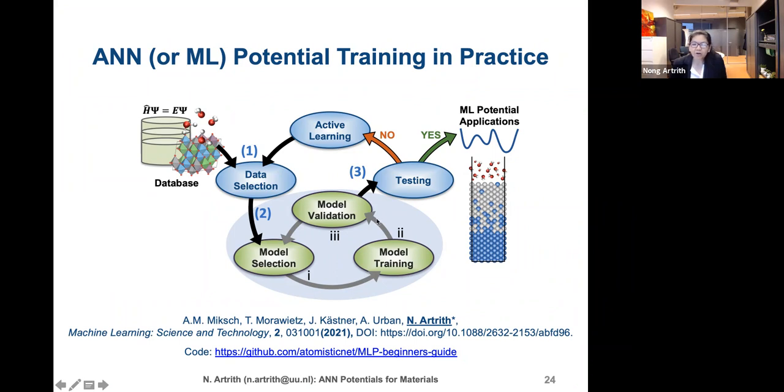Many times we do not get a good potential directly, so we have to validate and test. We also include active learning methods to help find what structures do not cover our full potential energy surface, and we have to do iterative refinements. We also show some example Jupyter notebooks demonstrating this diagram via this GitHub link.